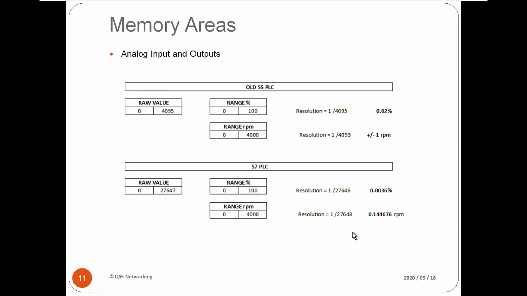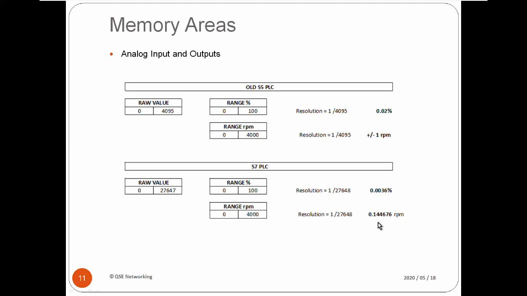Nowadays in the S7 PLCs, it goes from 0 to 27648, and I think that's 12 bits. So you're now getting 0.0036 resolution on your levels. That's why you'll see it jumps around a lot, because it won't be 0, 1, 2, 3, 4. It's going to go 0, 50, 22, 61.